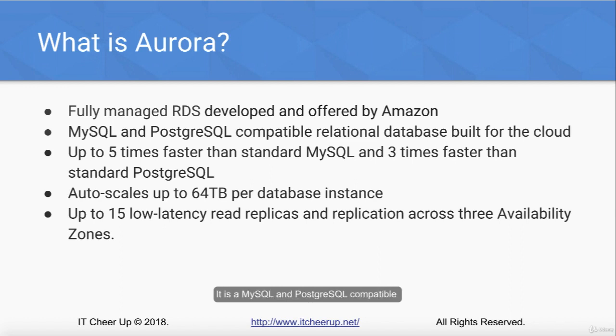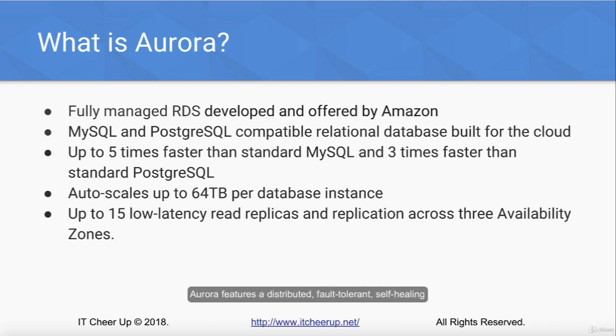It is a MySQL and PostgreSQL compatible relational database built for the cloud. Amazon claims that Aurora is up to 5 times faster than standard MySQL databases and 3 times faster than standard PostgreSQL databases. It provides the security, availability, and reliability of commercial-grade databases at 1/10 the cost.